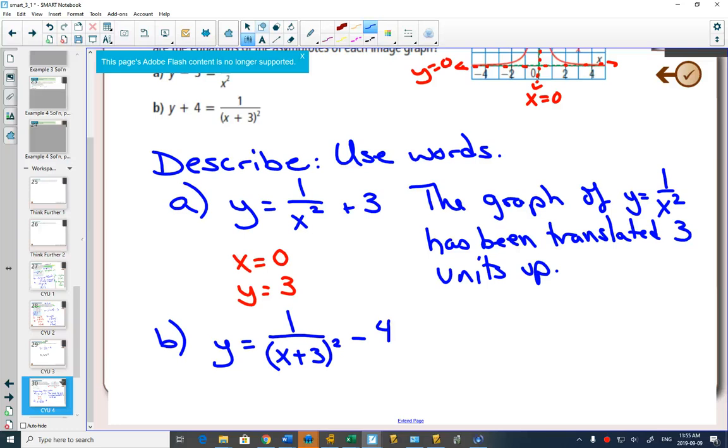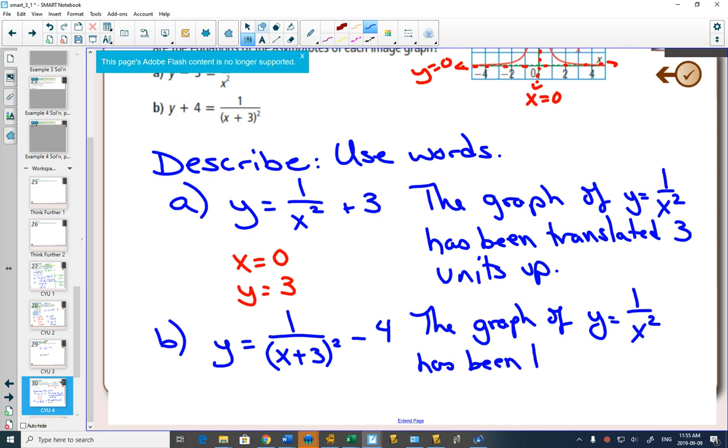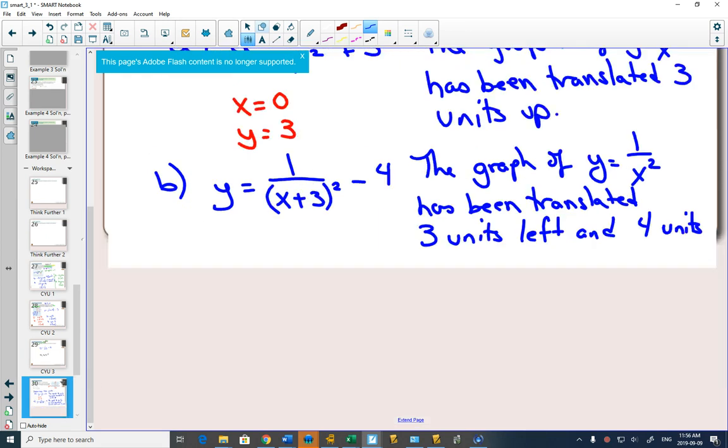So when I go to describe that in words, the graph of y equals 1 over x squared has been translated. The plus 3 will go 3 units left. And the minus 4 will go 4 units down.